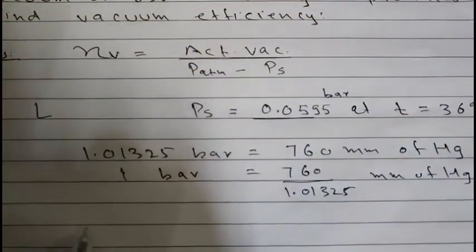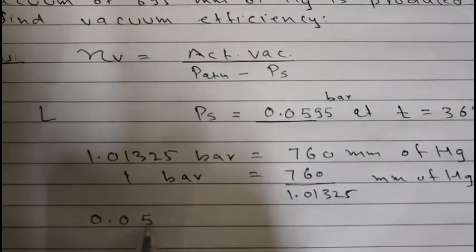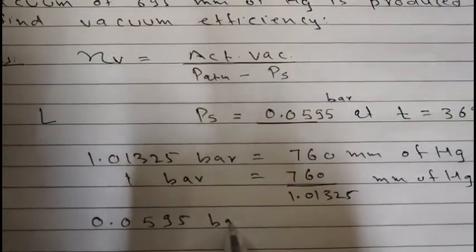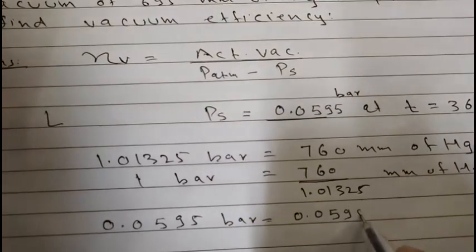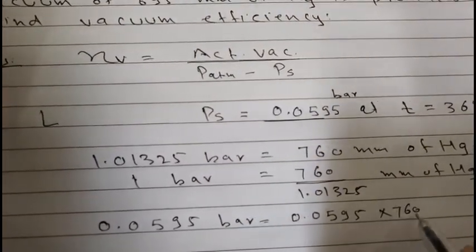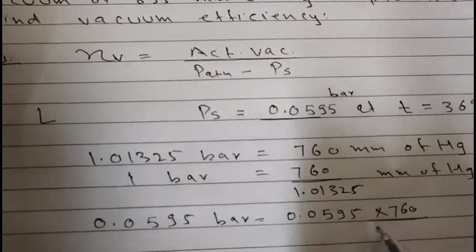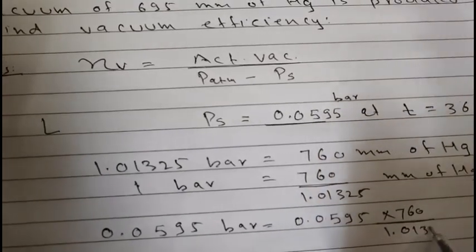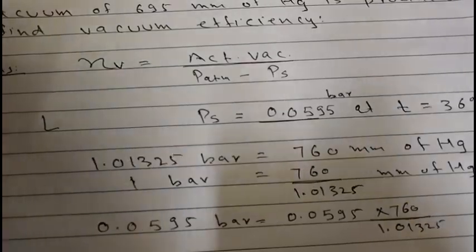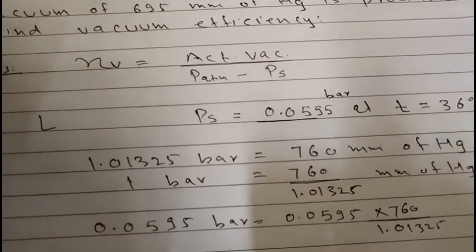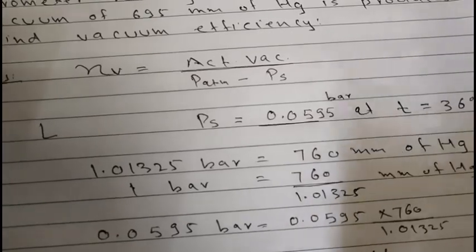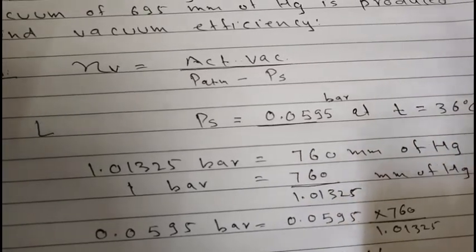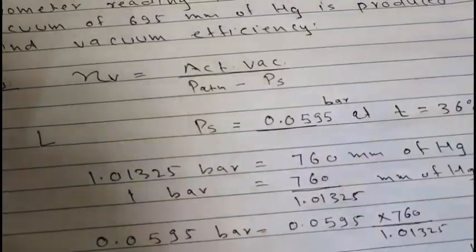And to convert 0.0595 bar, it will be 0.0595 into 760 upon 1.01325, and the value will be in mm of Hg. If you do the calculation, it will come out to be around 44.64 mm of Hg.